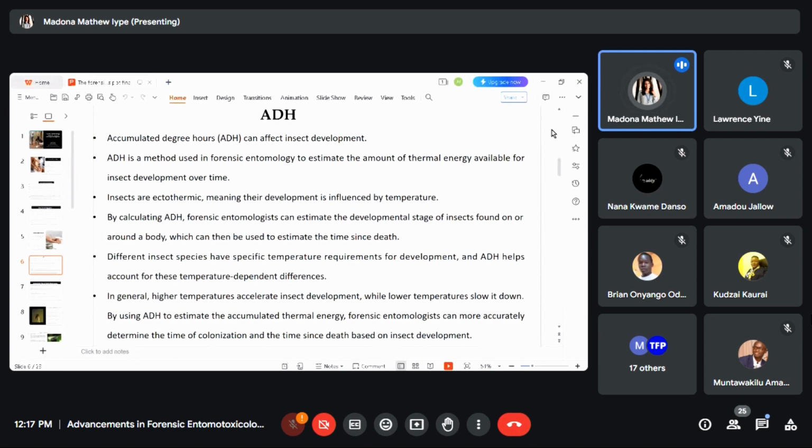Different insect species can have specific temperature requirements, as we discussed, that some might require high temperatures while some will require low temperatures, and ADH helps account for these temperature dependent differences. So, by using the ADH to estimate the accumulated thermal energy, forensic entomologists can accurately determine the time of colonization and the time since death based on insect development.